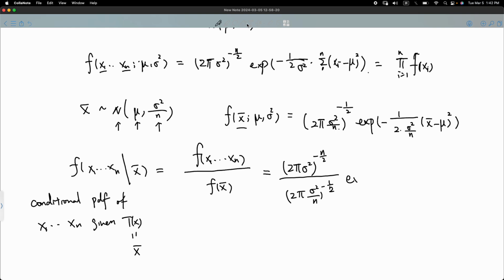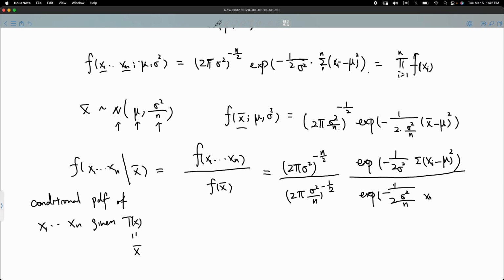Okay, maybe we'll keep it in exponential form, maybe that would be easier. So exp of negative 1 over 2 sigma square summation xi minus mu squared, over exp of negative 1 over 2 times sigma square over n, x bar minus mu squared.